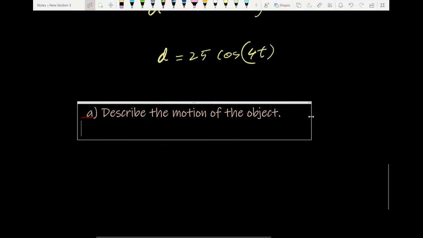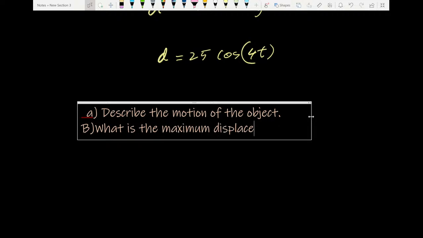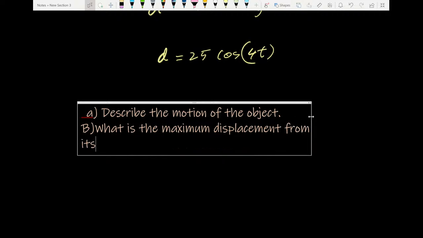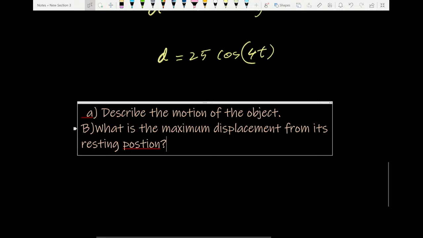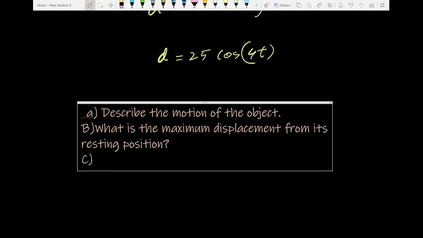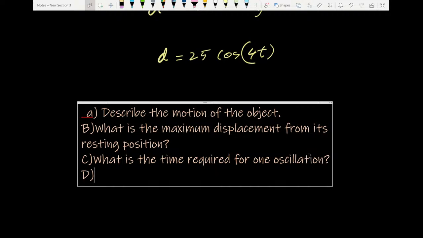B. What is the maximum displacement from its resting position? C. What is the time required for one oscillation? D. What is the frequency?